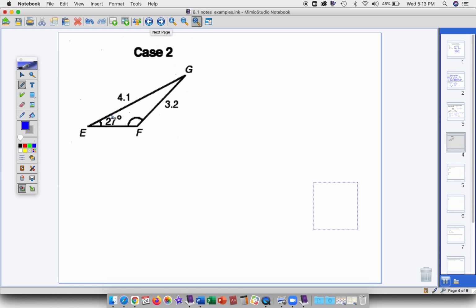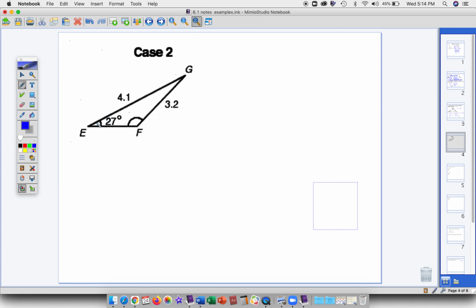So here again is angle E, that's 27, side EG, which is still 4.1, and GF is still 3.2. But if I look at the obtuse angle F, I get an entirely different triangle. And this is why you cannot use side-side-angle to prove that two triangles are congruent.